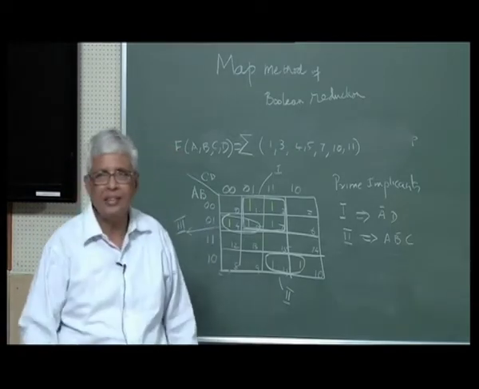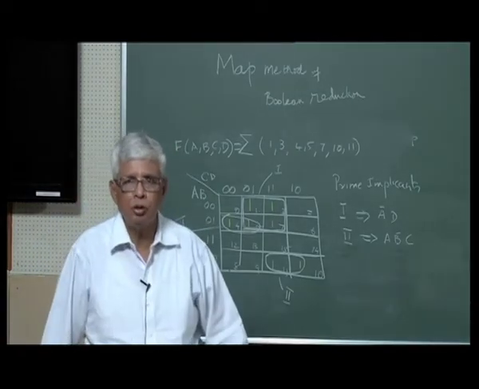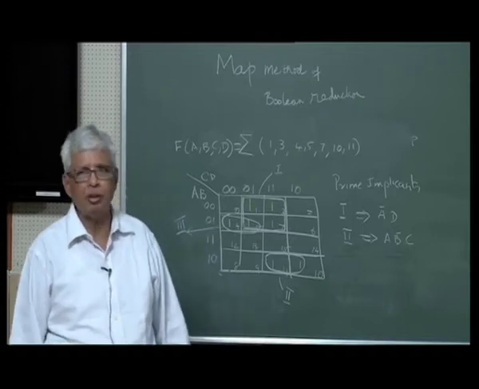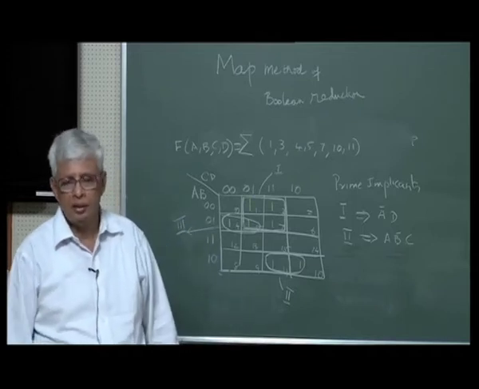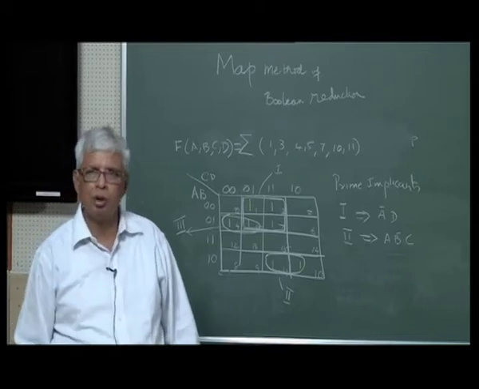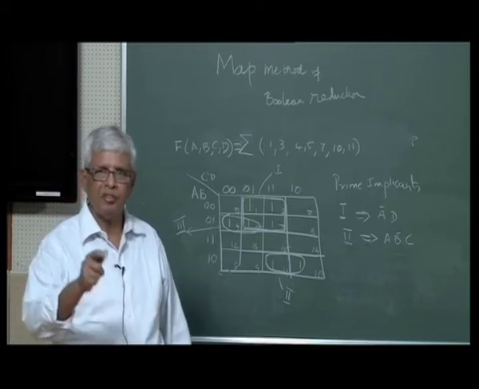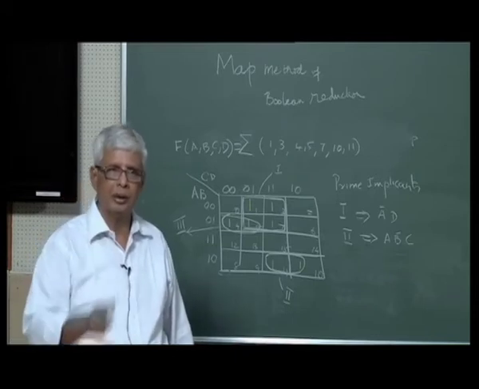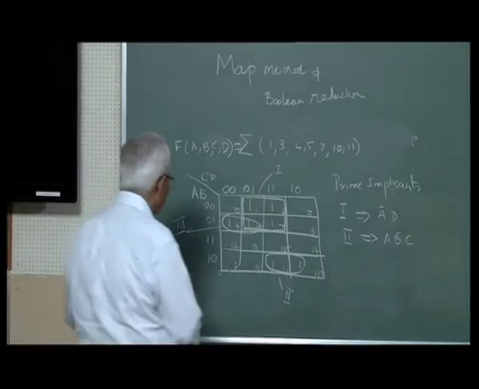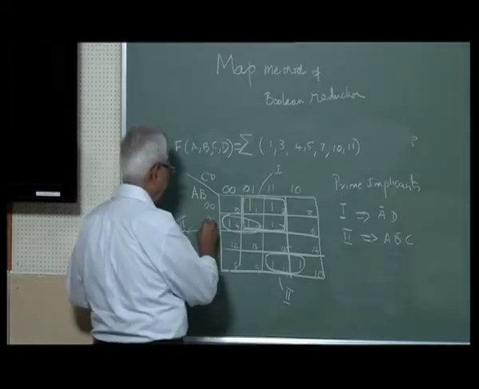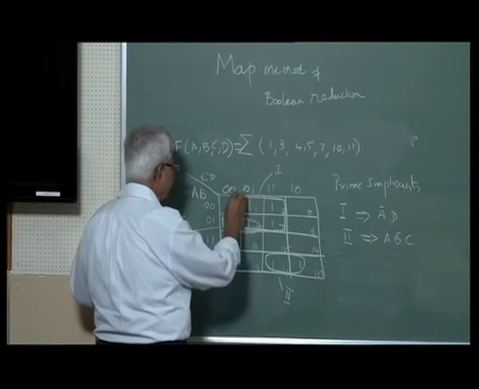Cover all the ones, but there is no need only one, every one should be covered once. If covering some ones more than once is going to simplify the term, then you do it. So, now this should be A bar B C bar.